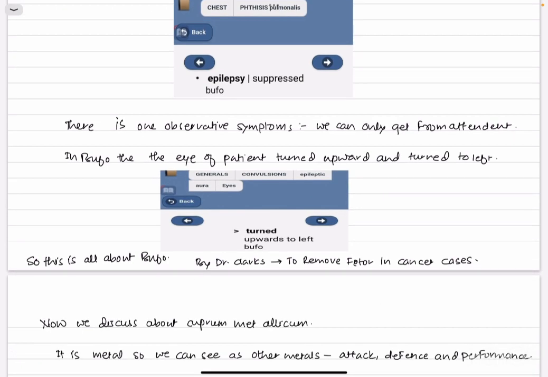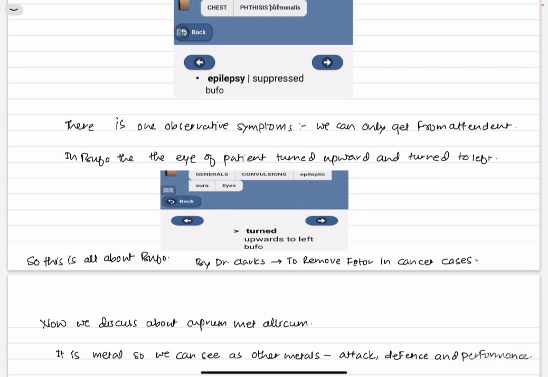There is another observable symptom. We generally get this symptom from the attendant: in every case of epilepsy we must ask for a video, or ask the attendant about the actual body posture during the epilepsy.